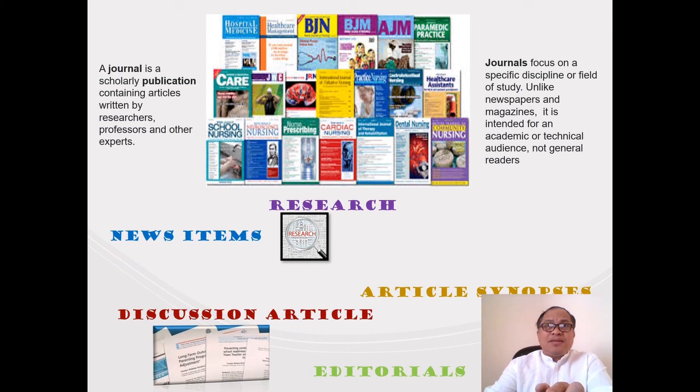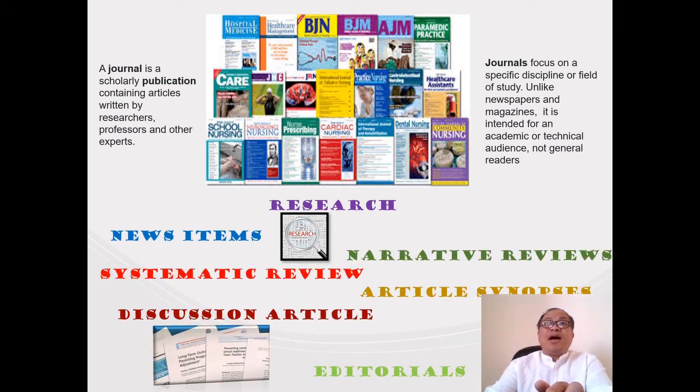It may also contain some news items and discussion articles. This may also contain some narrative reviews and systematic reviews. There are a lot of authors who want their name to be there in those journals, and they want to have a publication. They want to be a published researcher or a published professor researcher, and they do subscribe to journals.